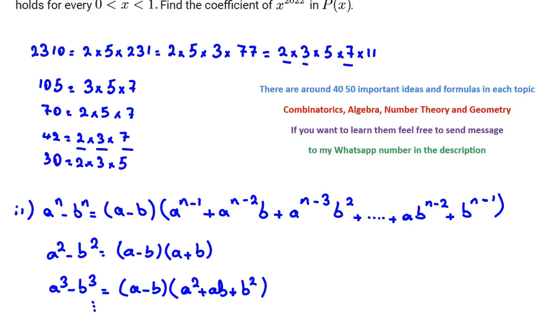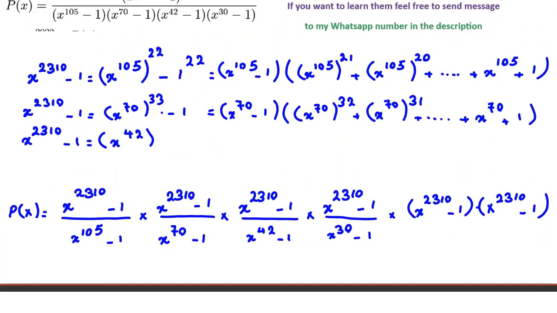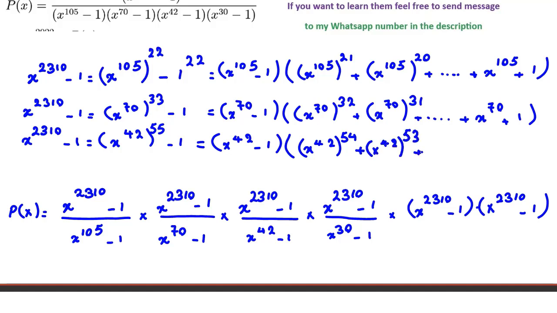What is left? 5 times 11, 55. So it will be 55 minus 1. So it will be x to the 42 minus 1 times x to the 42 to the power of 54 plus x to the 42 to the power of 53 plus 2x to the power of 42 plus 1.